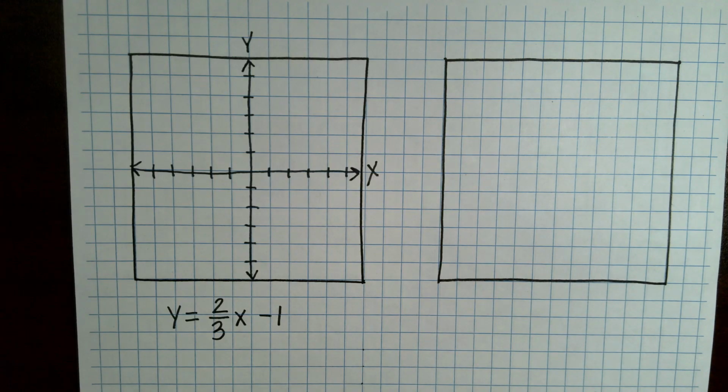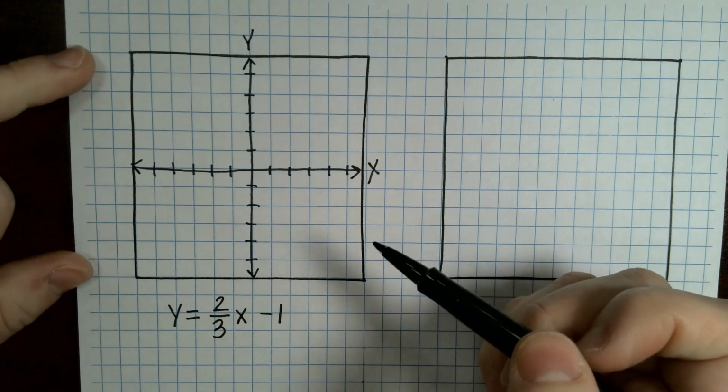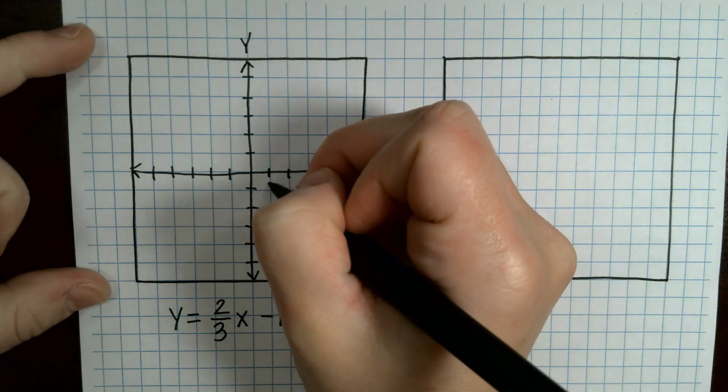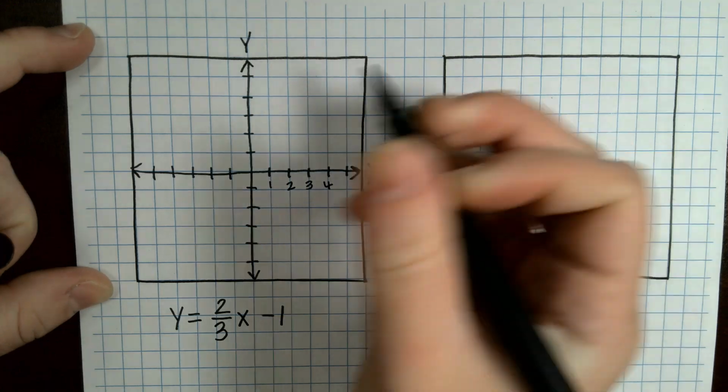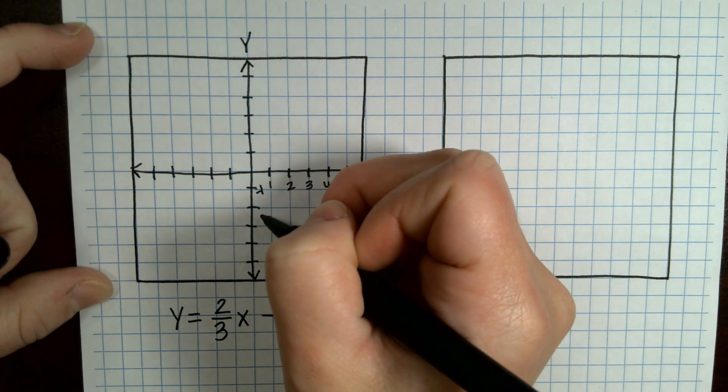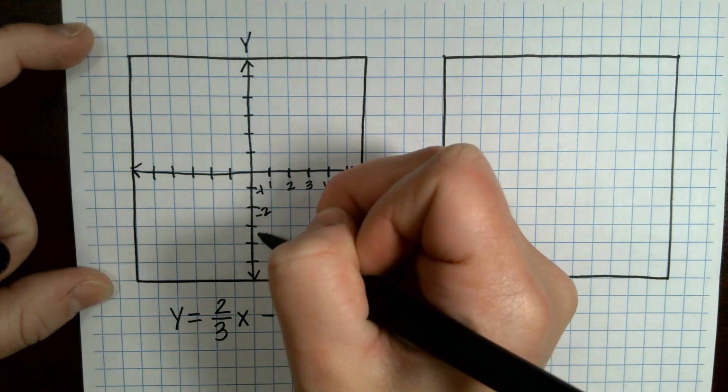Okay. All right, and if it helps, let's label our numbers. Let's just go up to 4 on each, because I think that's all we'll need.